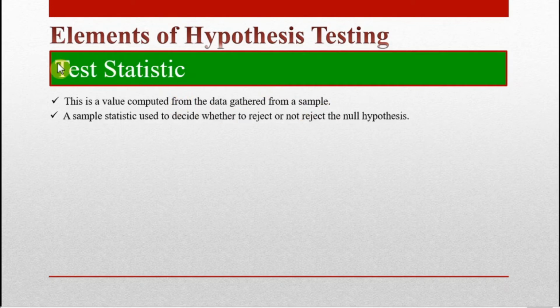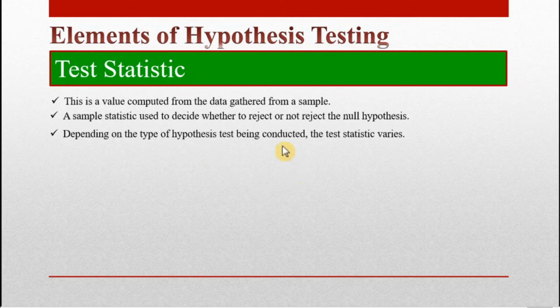Later on, this value that is computed from a sample will be compared to a hypothesized value, so that if it's too different or very similar, then we may say that our conclusion is correct, our null hypothesis is accepted. Otherwise, it is rejected. Depending on the type of hypothesis test being conducted, the test statistic varies.